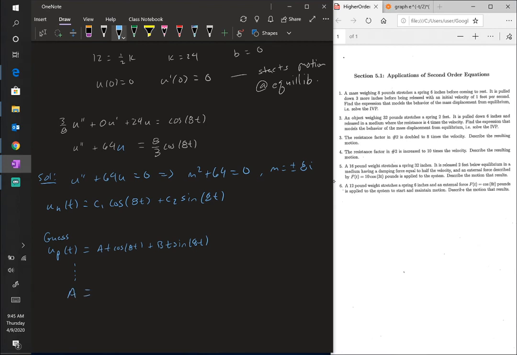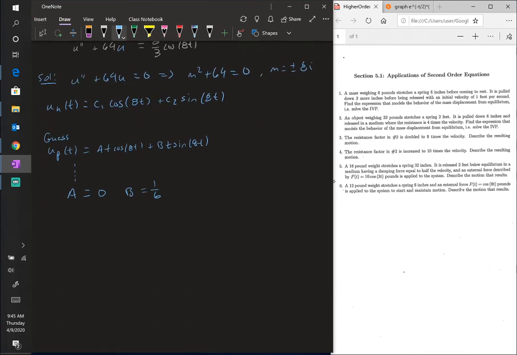Turns out A is 0, B is 1 over 6. So the solution U of t is going to be C1 cosine 8t plus C2 sine 8t plus 1 over 6 t sine 8t. And this last term is what we call resonance.